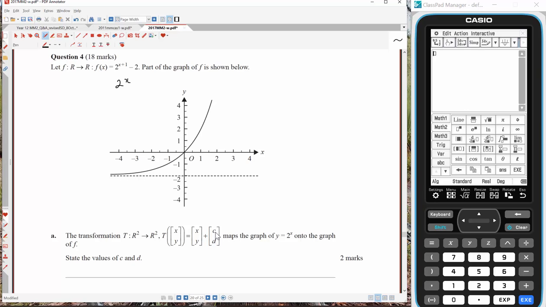So c will be -1 and d will be -2. c equals -1, d equals -2. If you're not confident on that, you probably want to run the mapping.